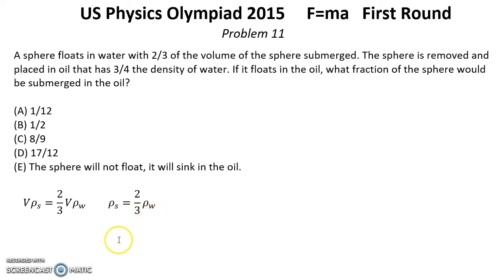And also we know that rho water equal 4/3 rho oil. If we put this into this one, we will get that rho sphere equal 8/9 rho oil. It means that 8/9 of the sphere will be submerged in oil, which is answer C.